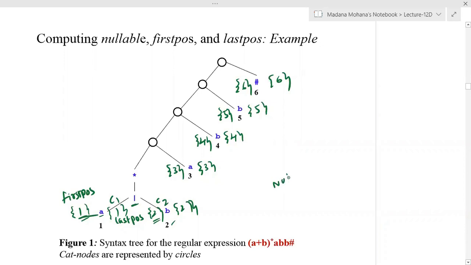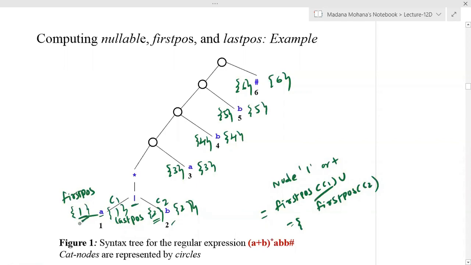So for node R, first position of C1 union first position of C2 equals what? What is the first position of C1? C1 means the left child.